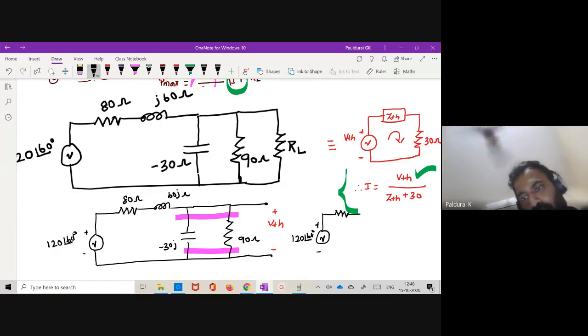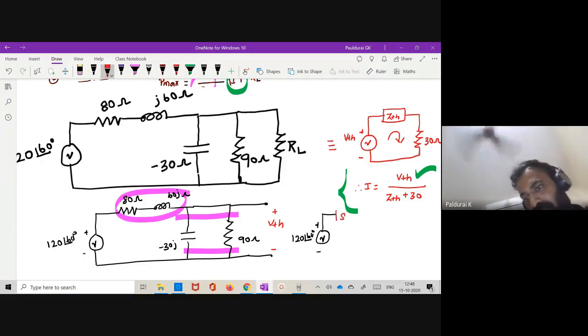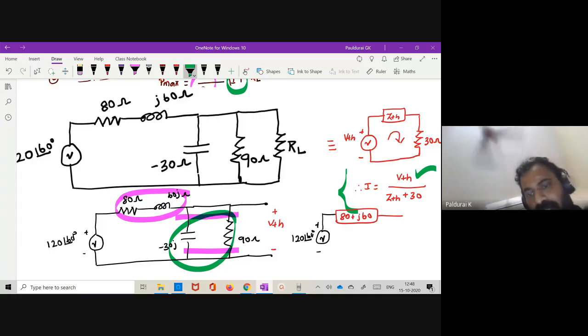Now what about this? How are these two connected? Can I write 80 plus J60? Okay. After that, how are these two connected, in parallel? So 90 and minus 30J are connected in parallel. The equivalent, I think, is 90 minus 27J, correct?